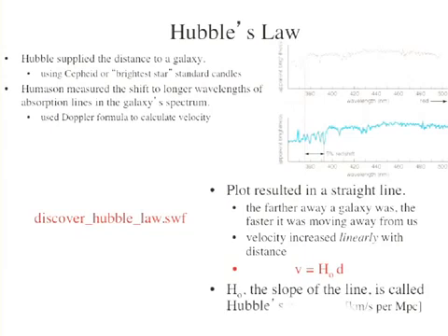Now, the units of this are a little strange. This is kilometers per second. This is kilometers. Okay, but this is measured in megaparsecs, and this is in kilometers per second. So kilometers per second per megaparsec is the units of H naught.